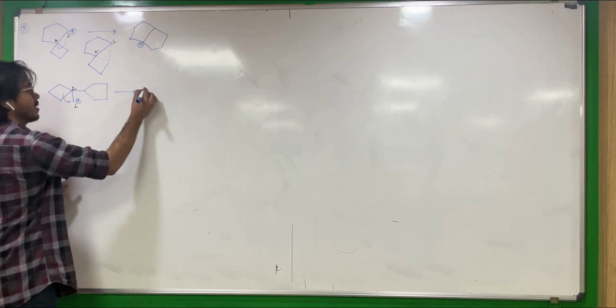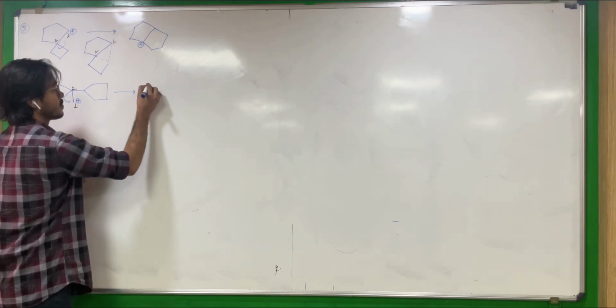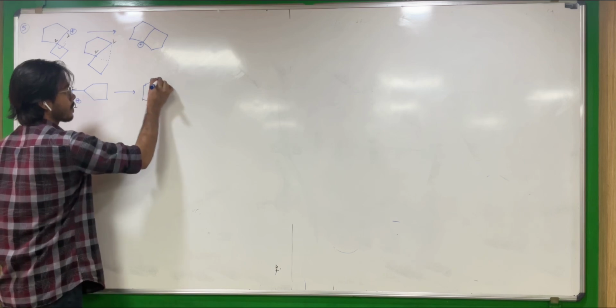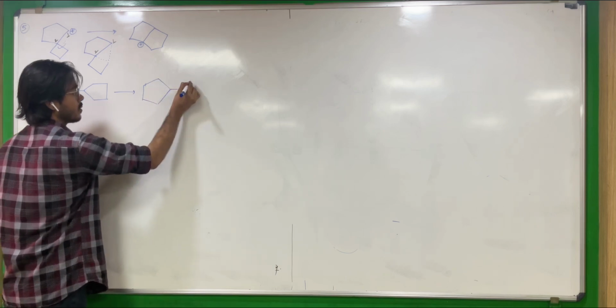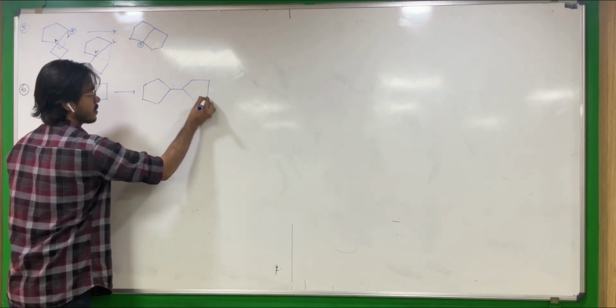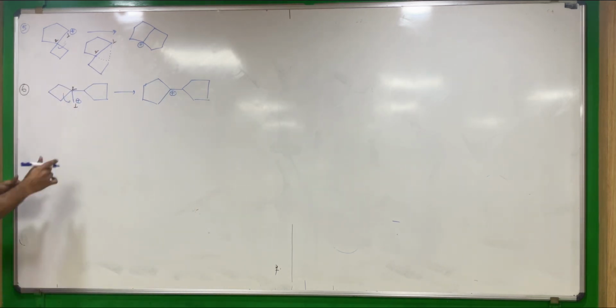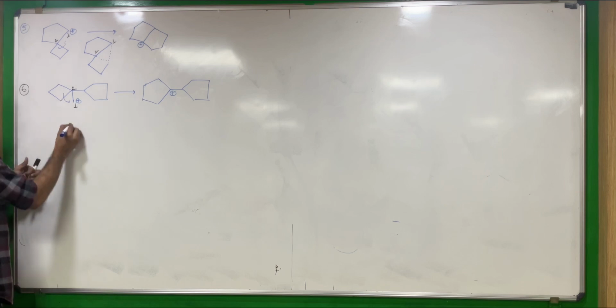So the first product will be like this. This is the product we will get. Here the positive charge will come. Ring expansion is taking place. See, what is the transition state in this case? This bond will shift here.